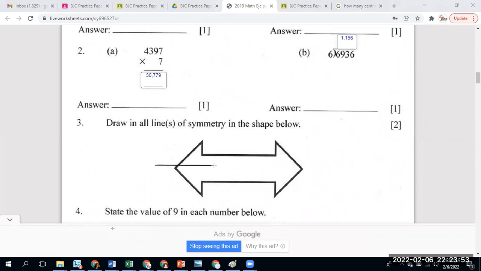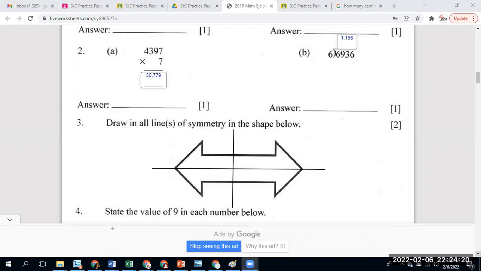Basically, your line of symmetry is how you split this figure in half, the 2 ways that you can split it in half and get mirror images. So there's half. We can get a mirror image. There's another half. So there are 2 lines of symmetry. Okay, and that's 2 easy points.